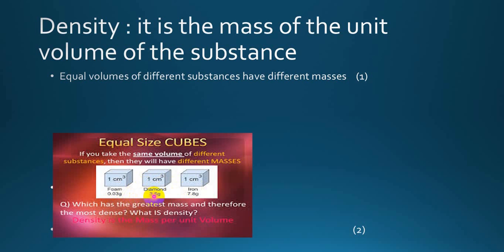Second, a cube of diamond. Third, a cube of iron. These 3 cubes are similar in volume, but they are different in masses due to the difference in density.